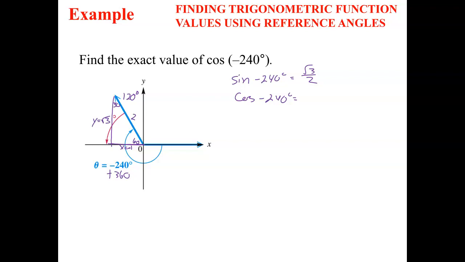Negative 1 over 2. Tangent. Negative root 3. Opposite over the adjacent, y over the x. So root 3 over negative 1 makes it negative root 3.